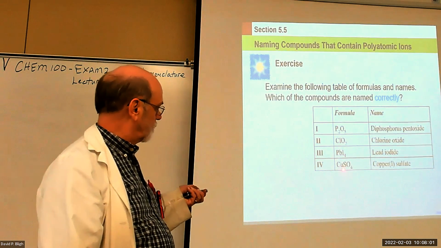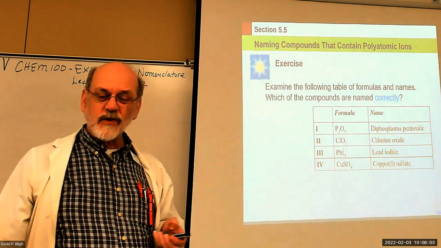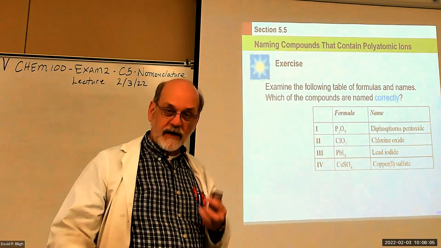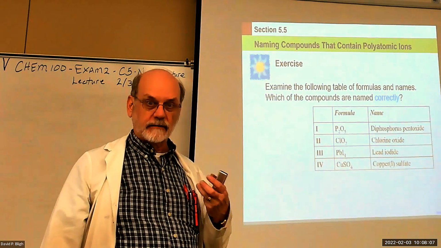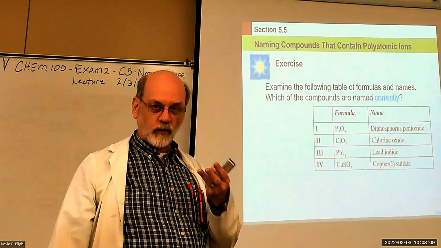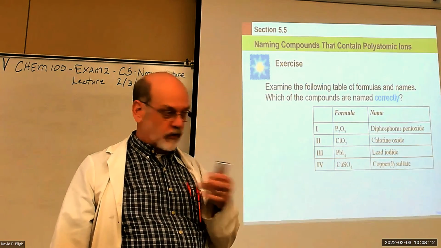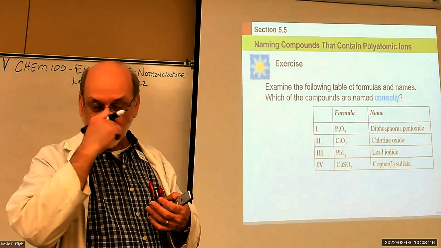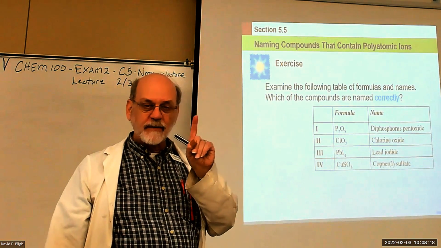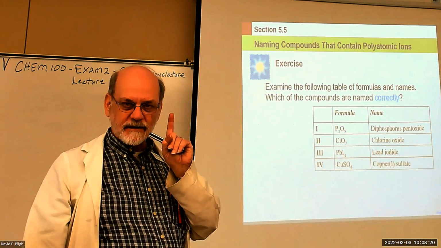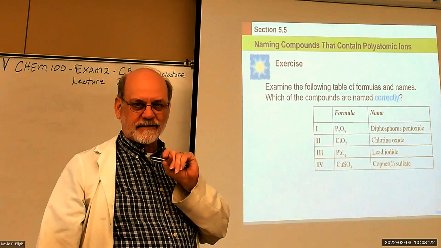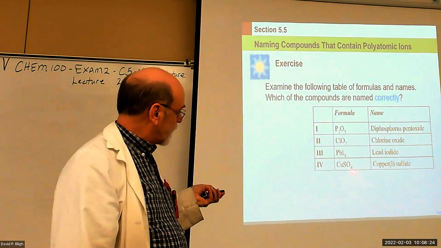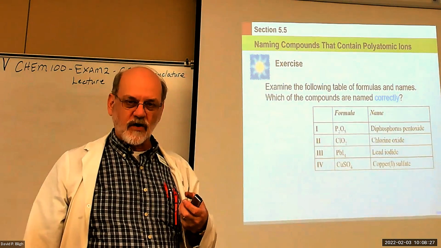Okay. How about this one? CuSO4. Do we have a polyatomic here? Yeah. We have 3 elements. One of them's oxygen. It's probably polyatomic. Look it up. Sure enough, SO4 is a polyatomic. Remember, all but one of the polyatomics in our list is an anion. So this SO4 should have a 2- charge.